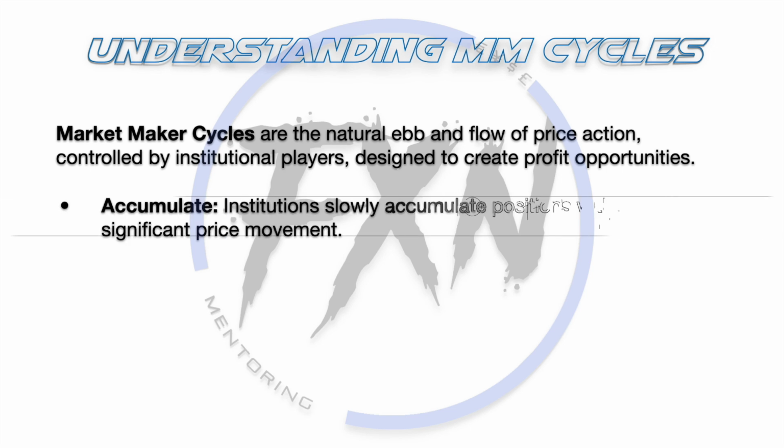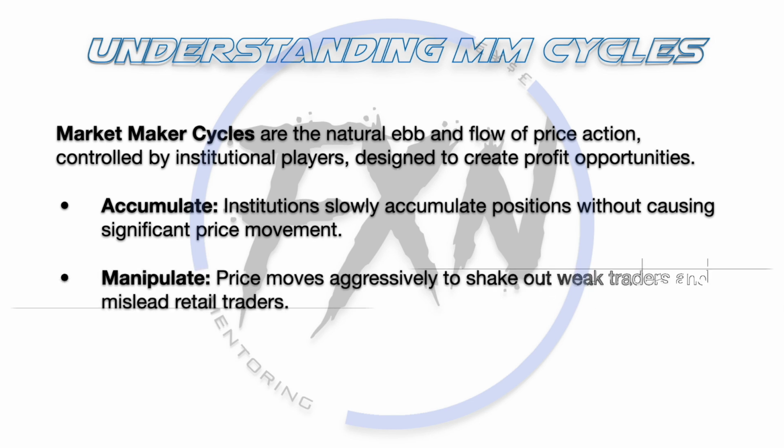Now, the first phase is accumulation, where market makers are quietly building their positions without moving the market too much. This is followed by manipulation, where the market makers move price sharply to create false breakouts and trap traders.